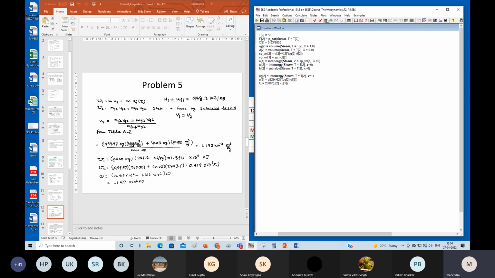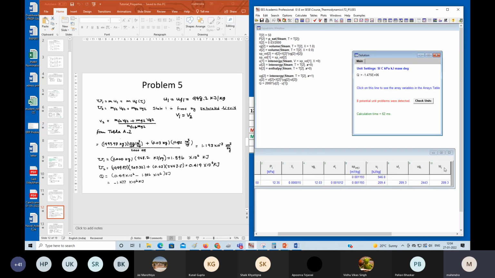This also will give you certain data in your table. Look, this is the enthalpy it is giving you. So these are just written like this, otherwise nothing.